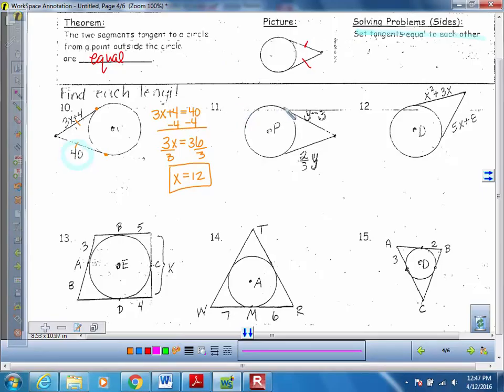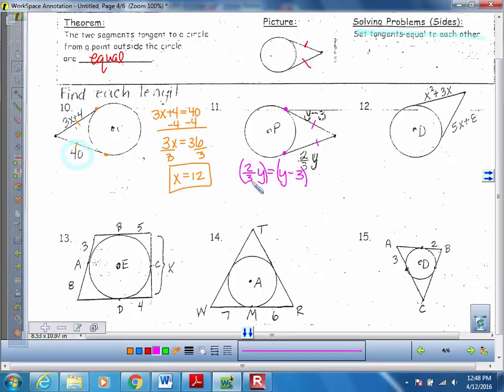So in 11, again, I have two tangent lines because it only touches once, so they're equal, and I set them equal. This would be 2/3 y equals y minus 3. Now, do y'all remember what the easiest way to get that fraction out is? Not necessarily the reciprocal, but 3 would make it easier on most people.